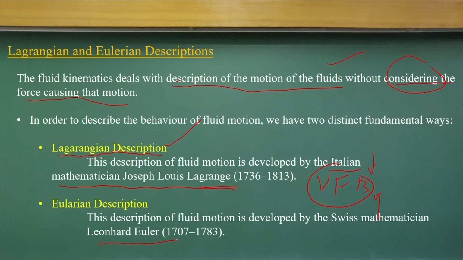One is a field, which we described earlier: the velocity field, pressure field and density field. Or we talk about the particle level, the fluid particles, meaning a group of molecules. Similarly, the virtual fluid ball is intermediate between the particle level and the field level.